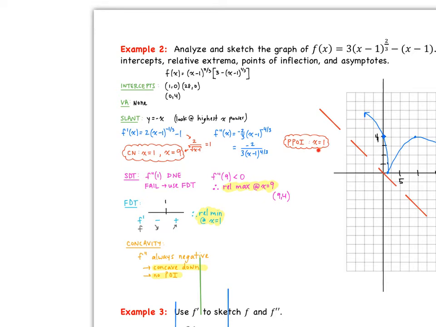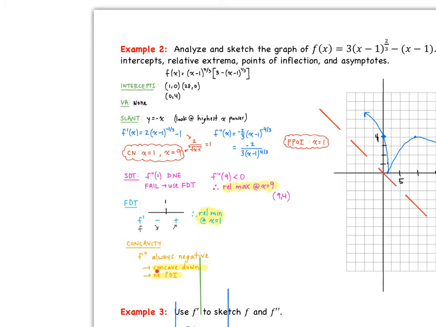Another thing we can note about this second derivative, I'm going to jump to talking about the concavity down here, okay? Our second derivative is always negative again. We have a negative numerator. Anything taking the cube root and then raising it to the 4th power, this denominator will always be positive. Therefore, our second derivative is always negative, and we're concave down then.